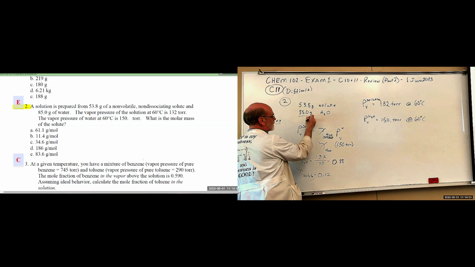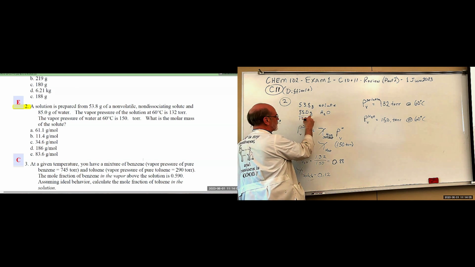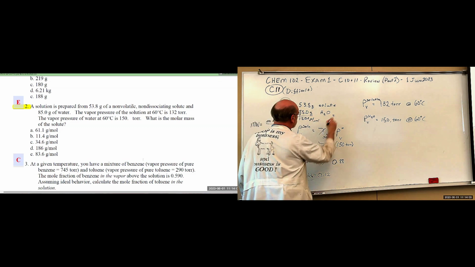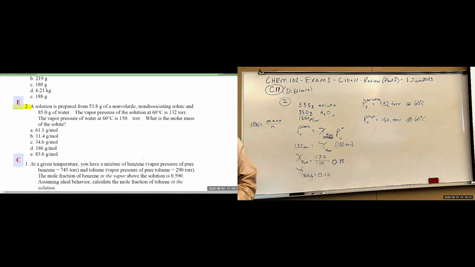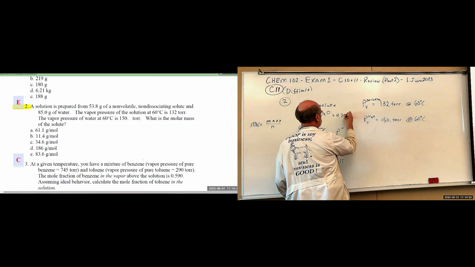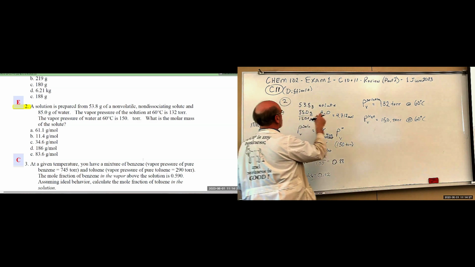We just divide by 18.02 grams per mole. So the moles of water would be 85 divided by 18.02, which is 4.717 moles of water.